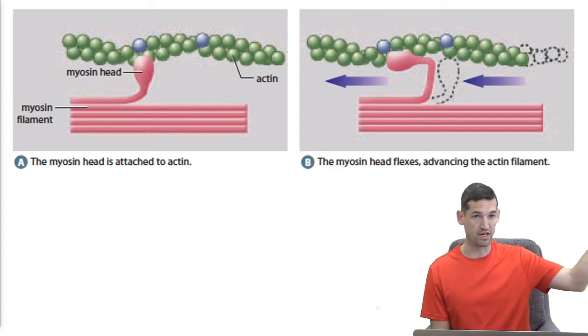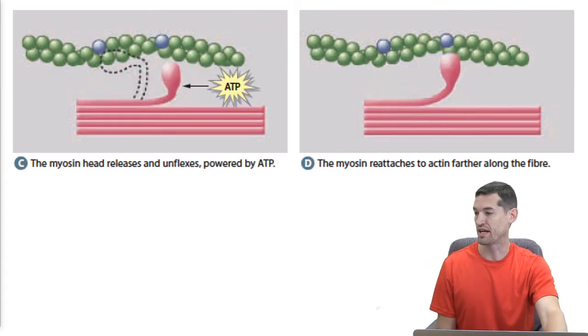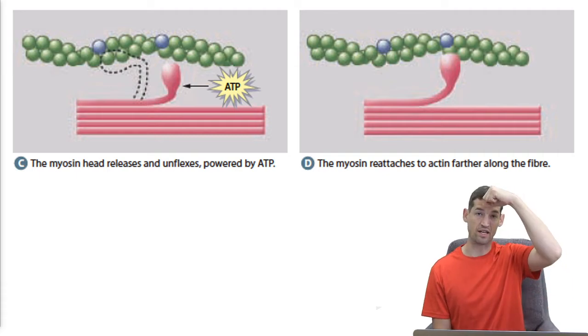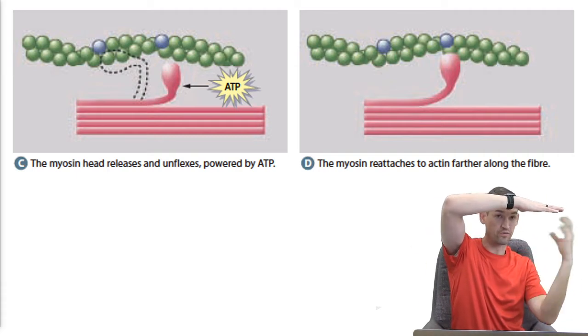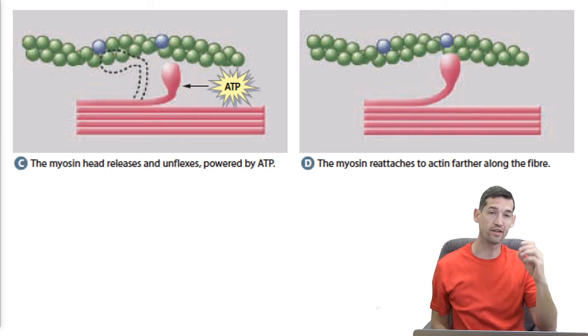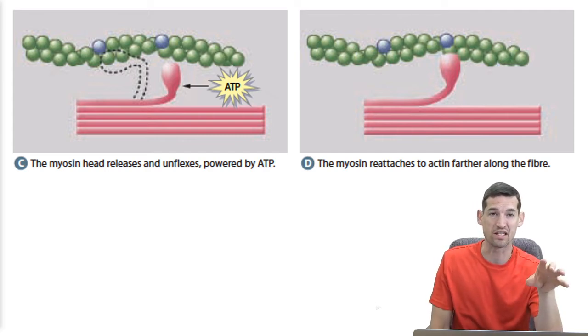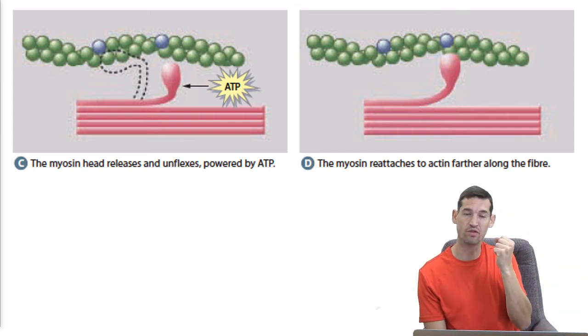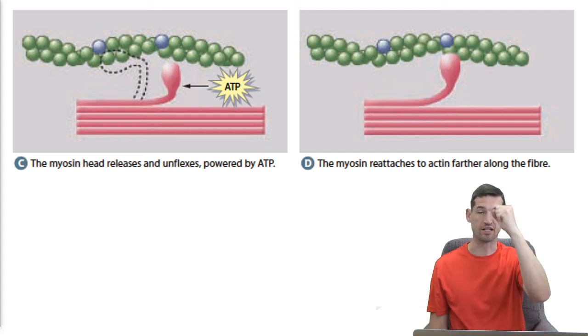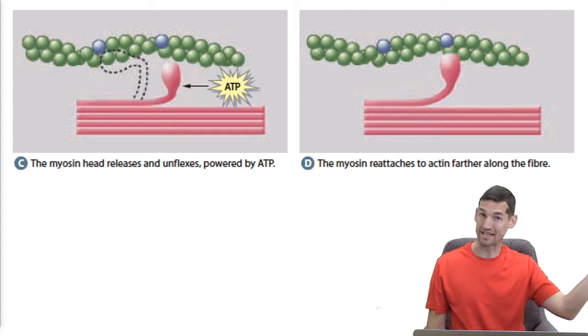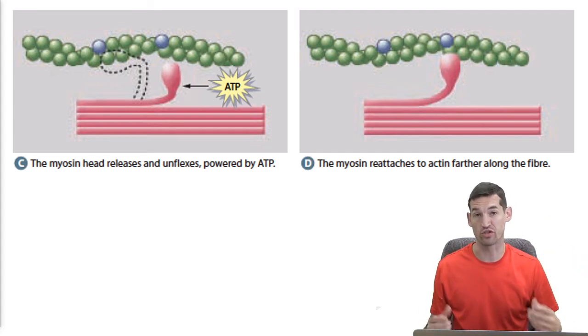So that's how it happens. Myosin grabs, myosin pulls. The next step is the myosin head then has to release and reset. And oddly enough, that's what takes the ATP. It's not the pull of the muscle that uses energy, it's the let go and reset that uses the ATP.